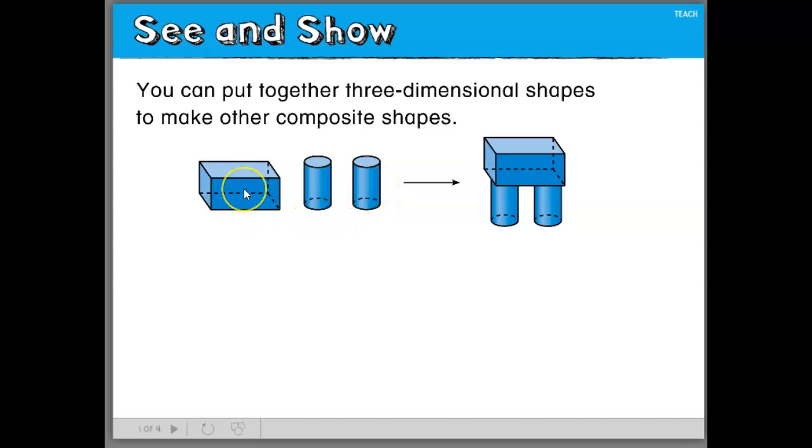Maybe you could find a box of tissues or something else that's shaped like a rectangular prism to use. Maybe you have some toys that are shaped like cubes or some toys that are shaped like cones. So be creative, see if you can find your 3D shapes somewhere around your house to use and see if you can put them together to make composite shapes and to make patterns.